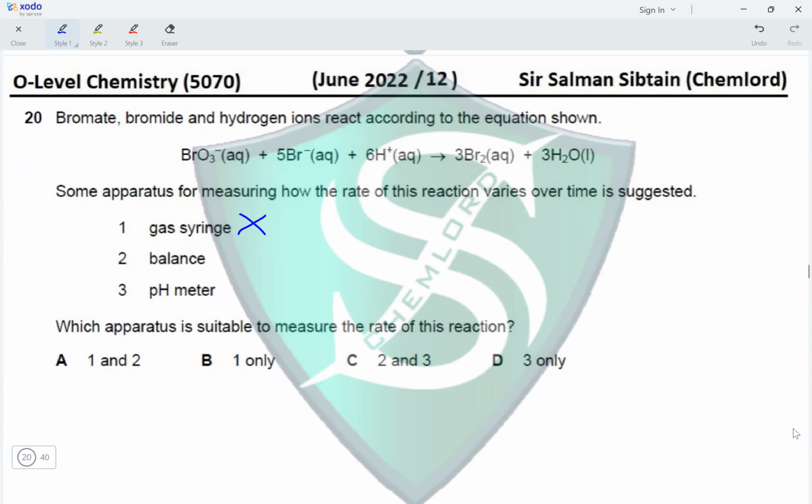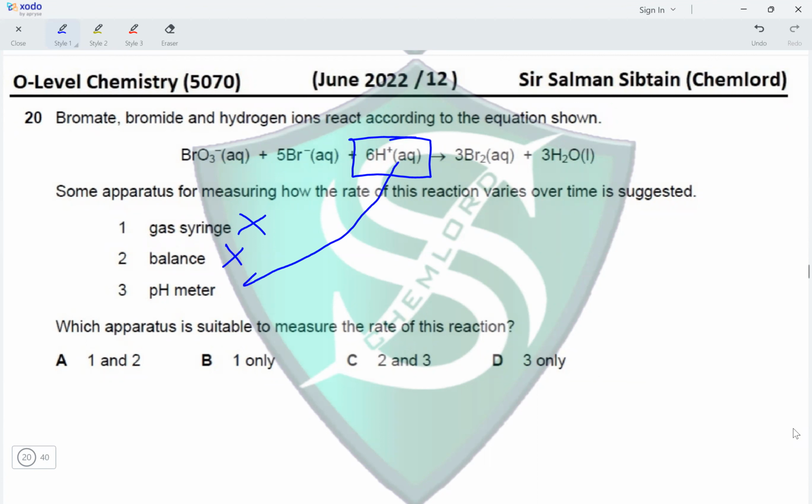Next, we need a balance. A balance is needed to measure the mass of something. So all reactants and products are in the liquid or aqueous state. So a balance is not required here. We have a pH meter. A pH meter is required to note the pH of the solution. So in the reactants, we can see 6 moles of H+ ions.